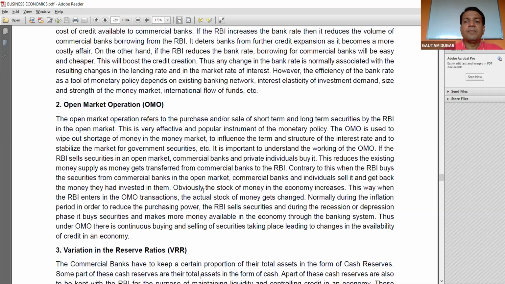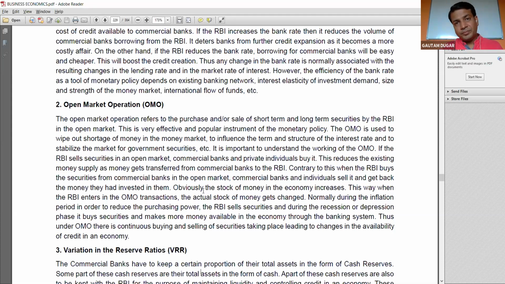What happens if the RBI issues securities? We as individuals purchase those securities. Why? Because they are good investments and the safest investments. Now, the moment you purchase a government security or a government bond, you will have to issue a check drawn on your savings account or current account.